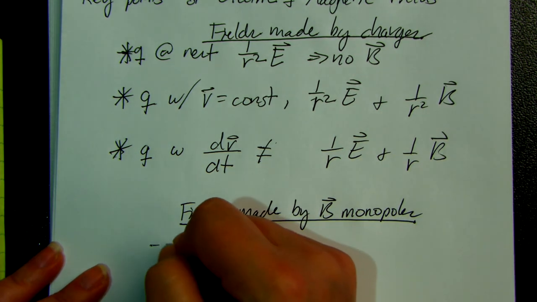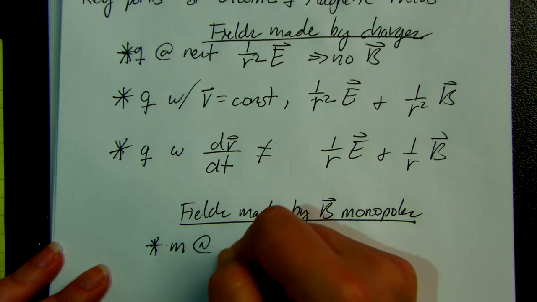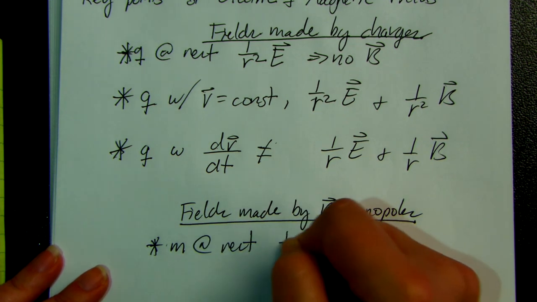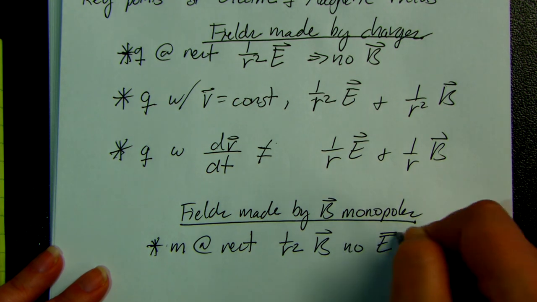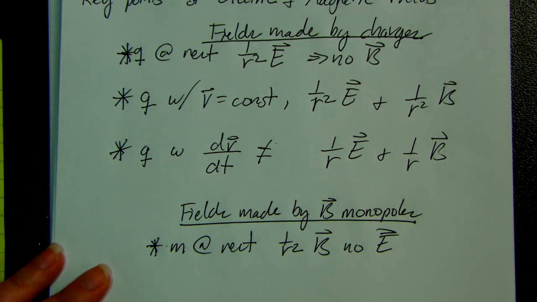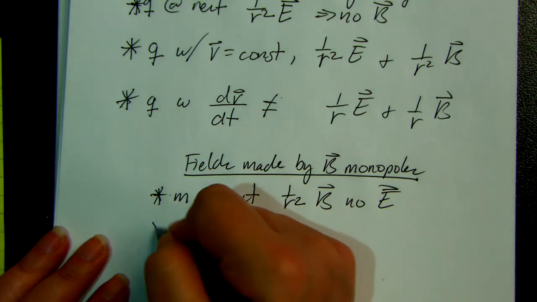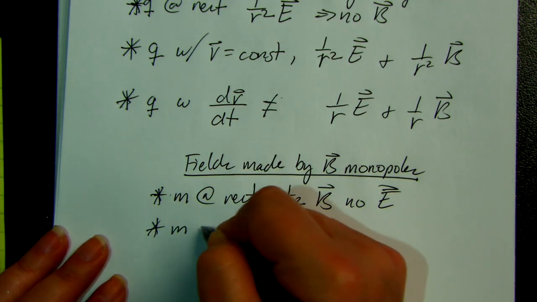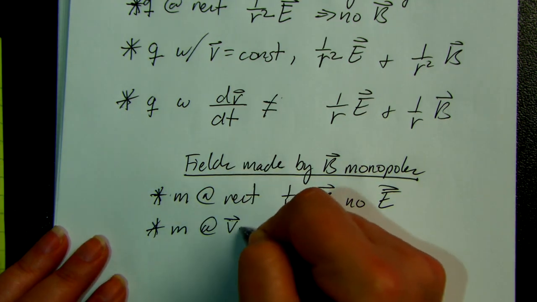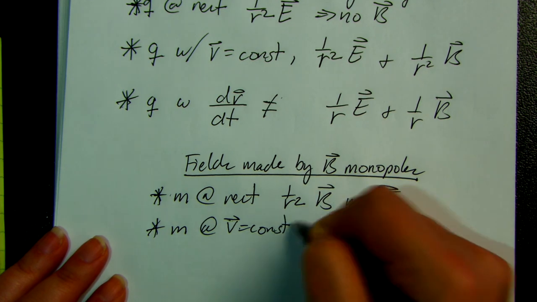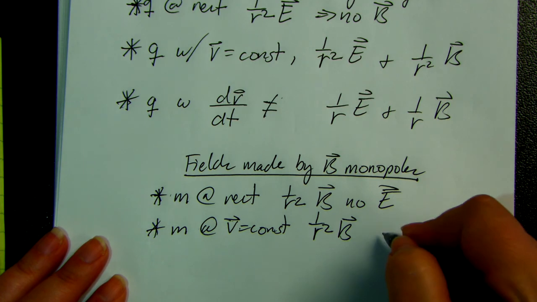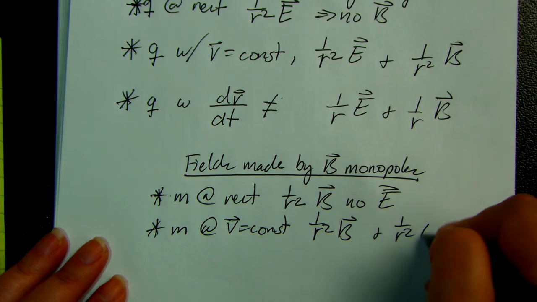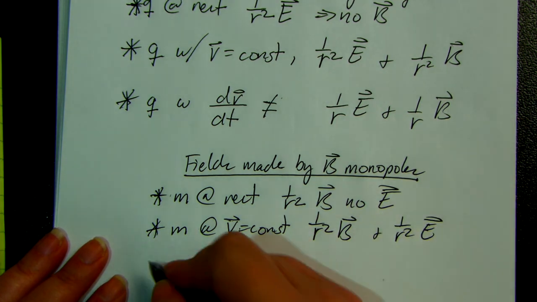So if your little M particle is at rest, then you have a 1 over R squared B field and no E field. If your little m is at constant velocity, then you would have a 1 over r squared B field and a 1 over r squared E field.